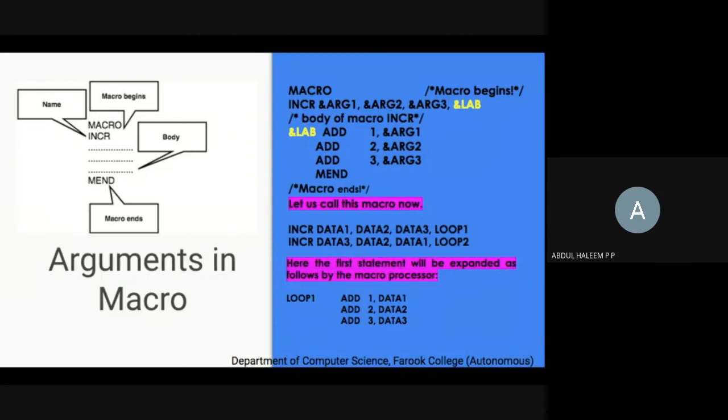We also learned about arguments in a macro, how to add arguments in a macro, and how to add multiple arguments to a macro, and how a macro will be defined with no arguments, with just one argument, with multiple arguments. Finally, how to call a macro and how this instance of macro calls will be substituted with the actual body of the macro, which is called macro expansion.